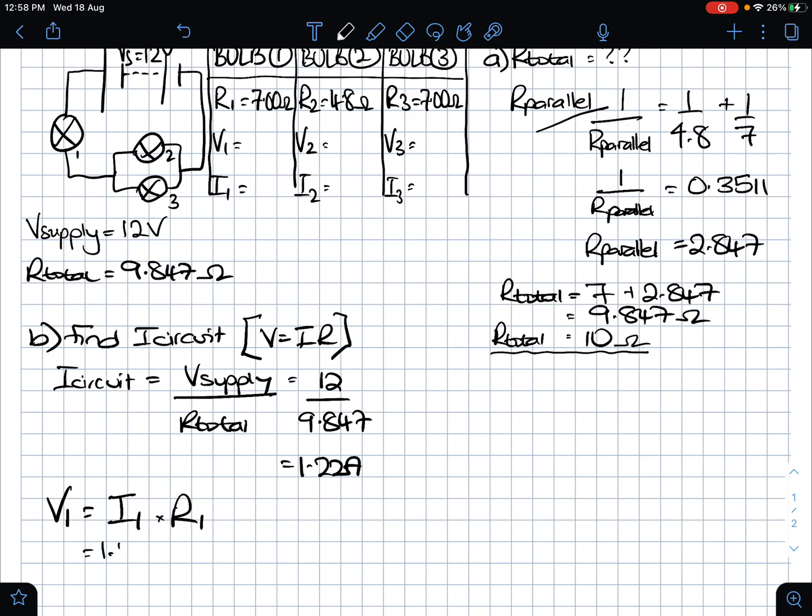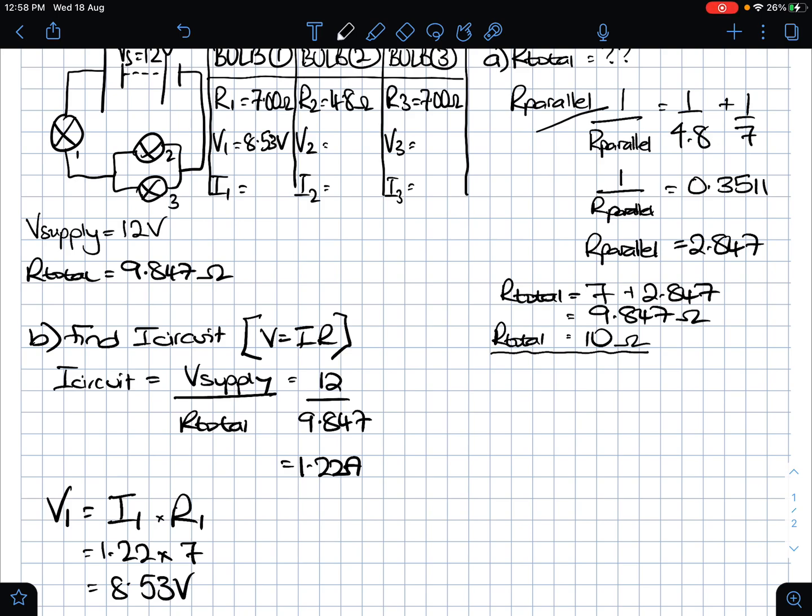So that is 1.22 times 7, which gives us 8.53 volts. And I'm just going to write that up here so I know what that is.